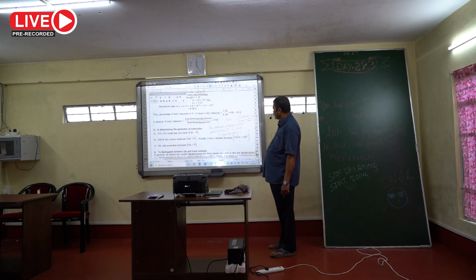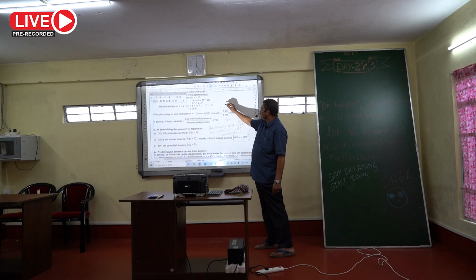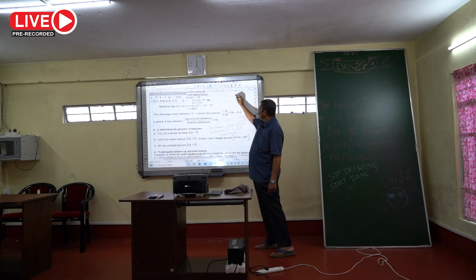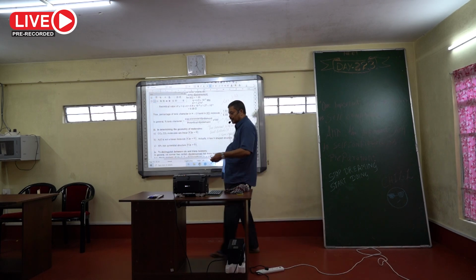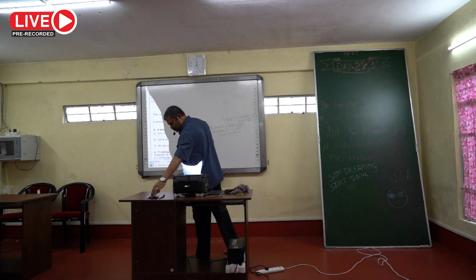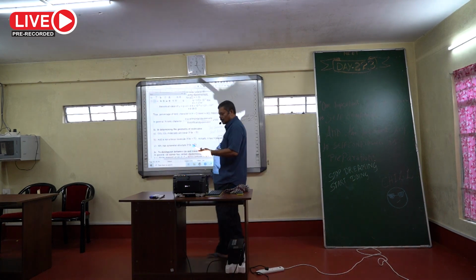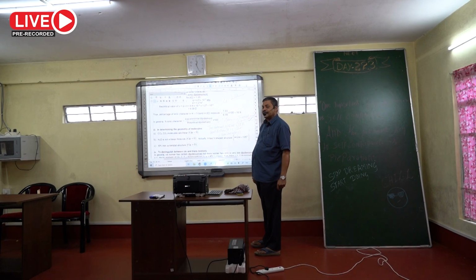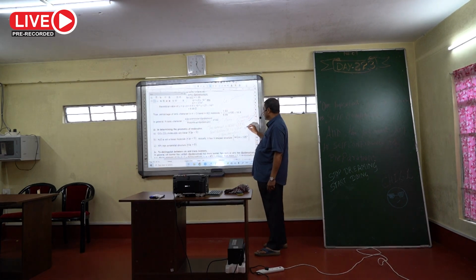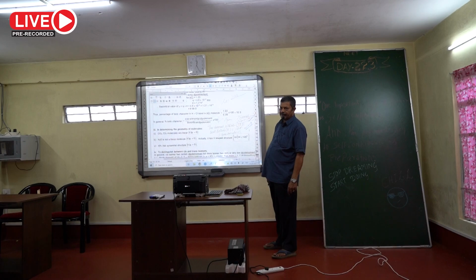What is mu observed? 1.03 divided by, in the denominator, I wrote mu for 100% ionic. What is mu? e into d.